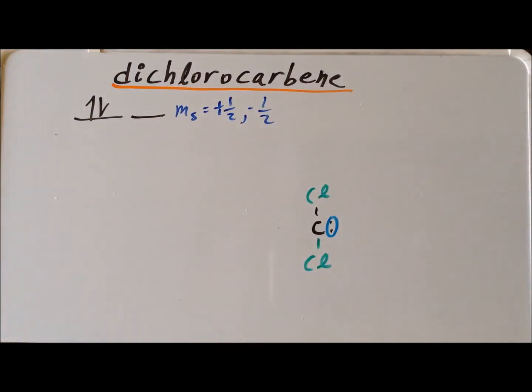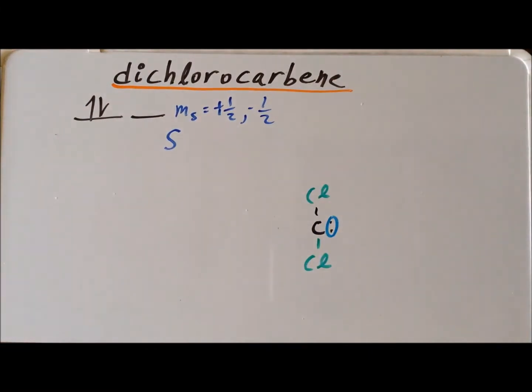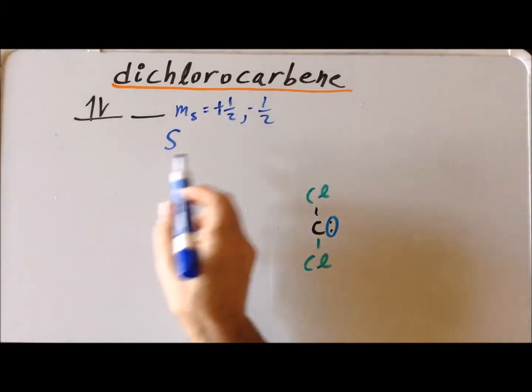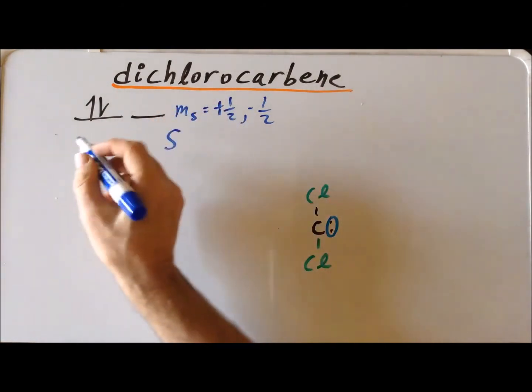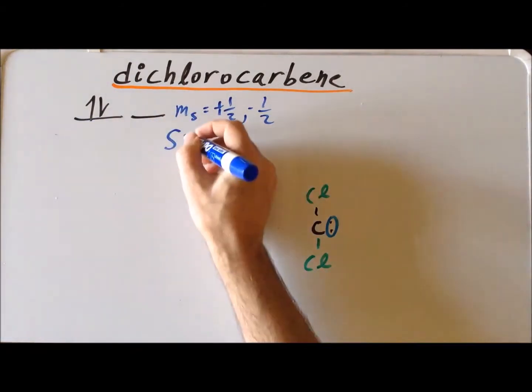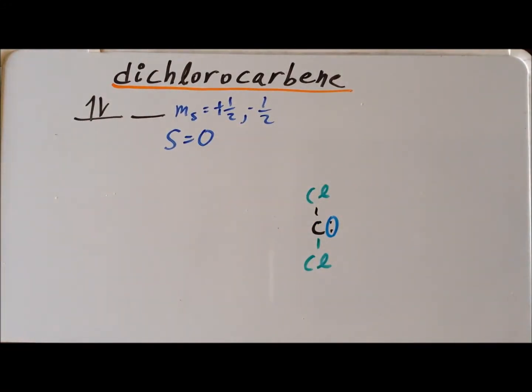So we can also construct a total spin, which is this S, in which case we add together the values of m sub s for the 2 electrons. So we have a plus a half and minus a half. That gives us a total spin of 0. So whenever we have paired spins, we have an overall spin, capital S, of 0.